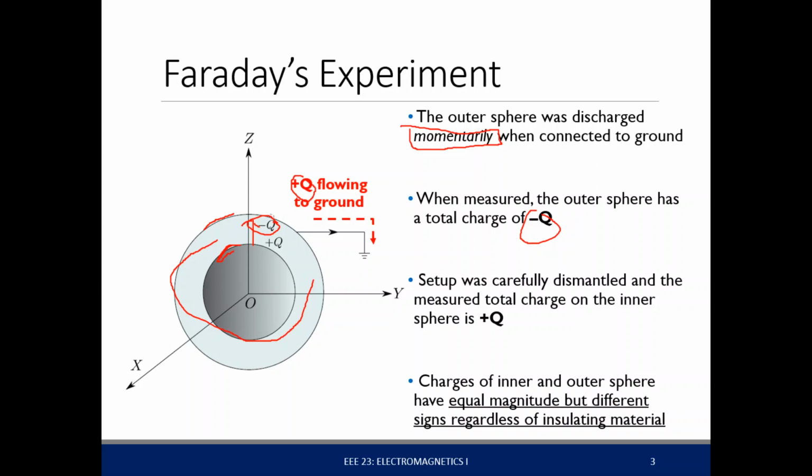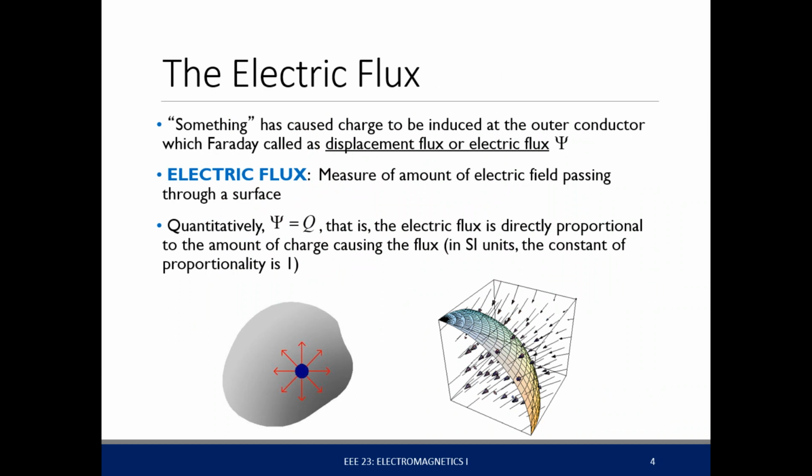So there's something that has caused the charge to be induced on your outer sphere or outer conductor. Faraday called this displacement flux or electric flux, phi. And by experiment, that phi is equal to the charge that was initially put in by Faraday in the inner sphere.